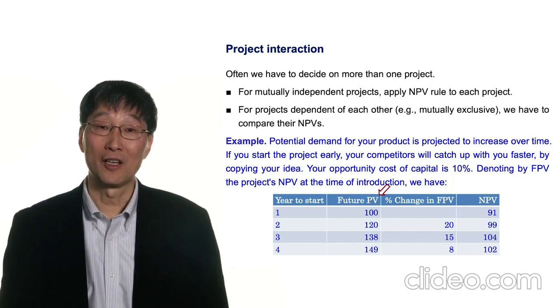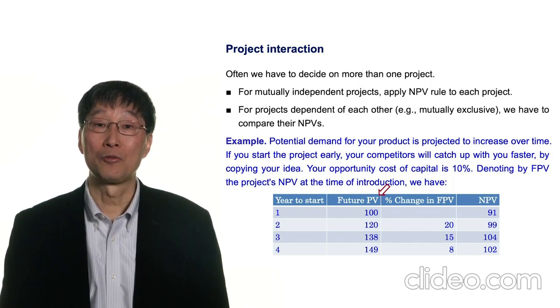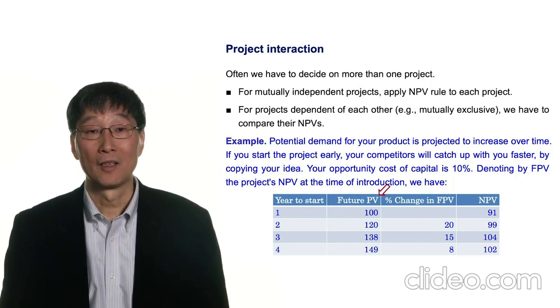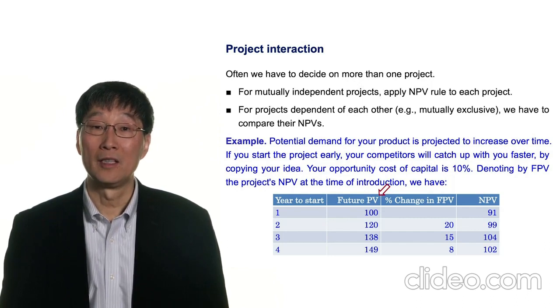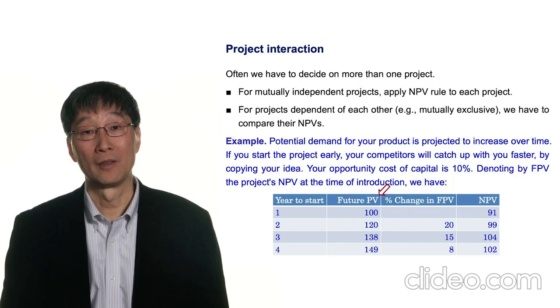If instead launched in year 2, 3, and 4, the FPV will be $120, $138, and $149 million, respectively, as shown by row 2 to 5 in the table. Clearly, by waiting, the FPV increases.